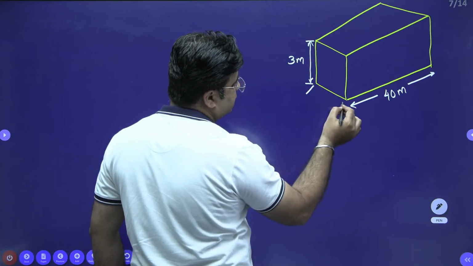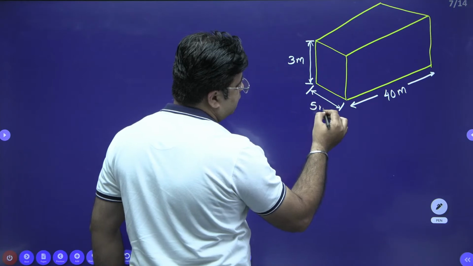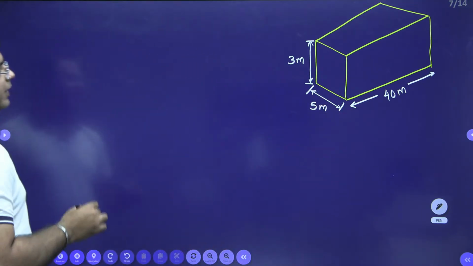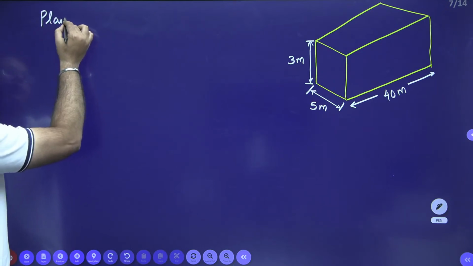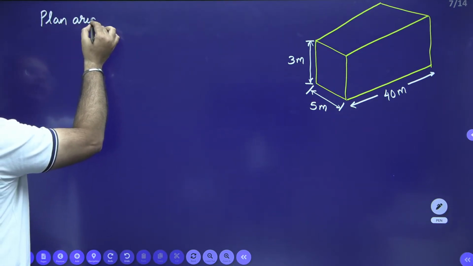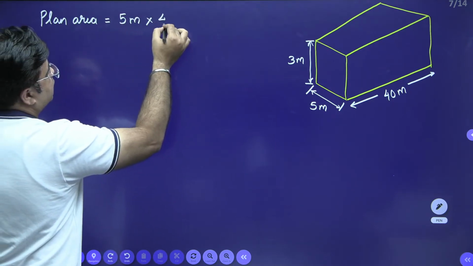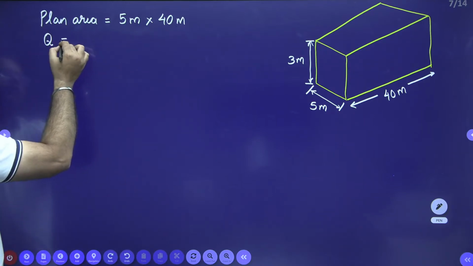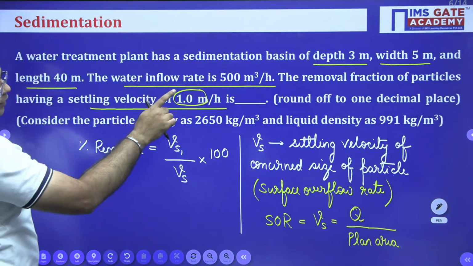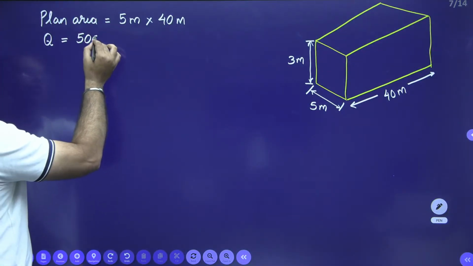From here the plan area is clearly visible. Plan area is 5 meter by 40 meters. And discharge is also given to us. It is 500 meter cube per hour.